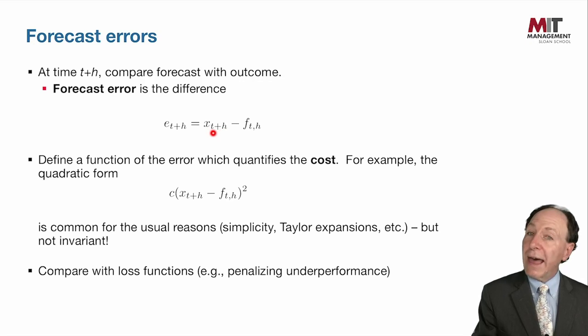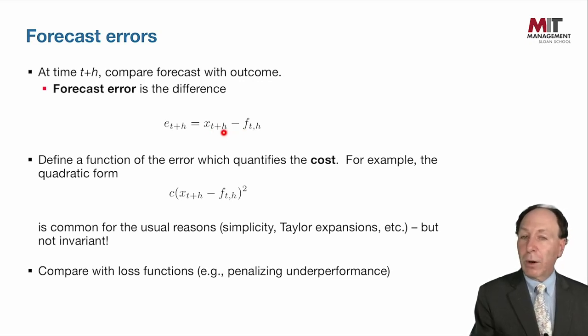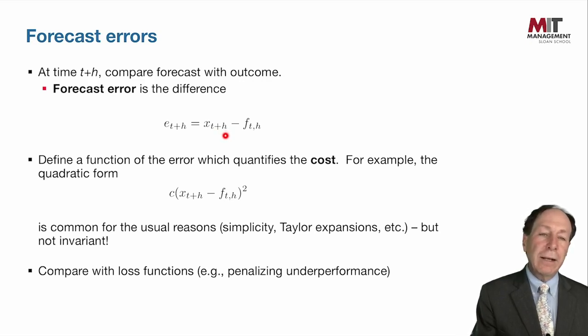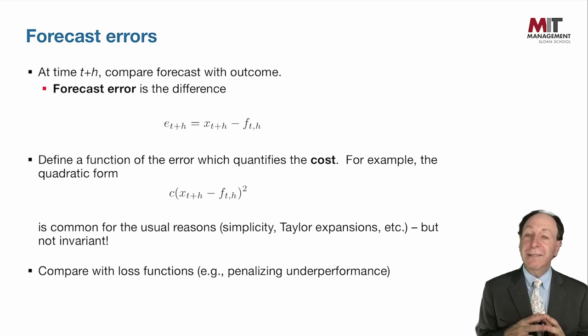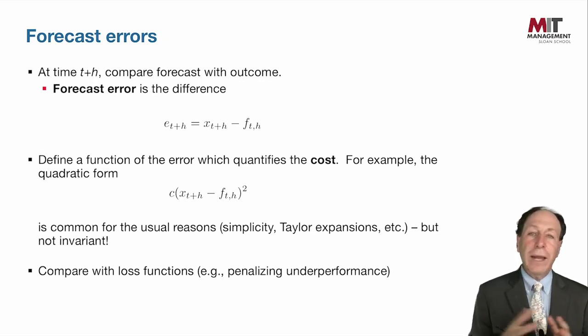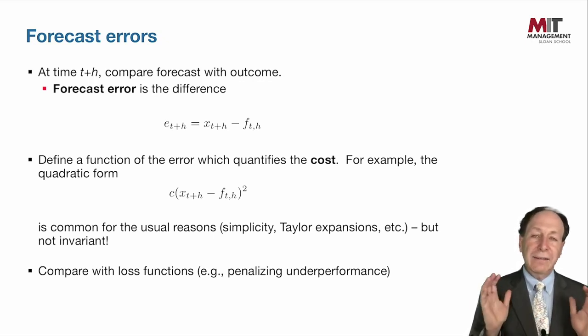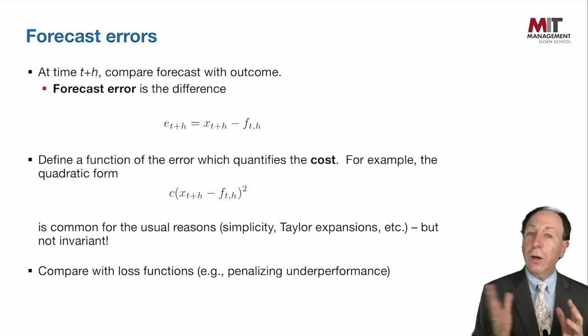We can't do that until we've reached time t plus h or beyond, but at that point we can evaluate the forecast and the forecast error. So we can take this difference. Now we want to then define the error function. A cost function is something that we'd like to minimize if we have good forecasts, and something that we can use to quantify or compare different kinds of forecasts.